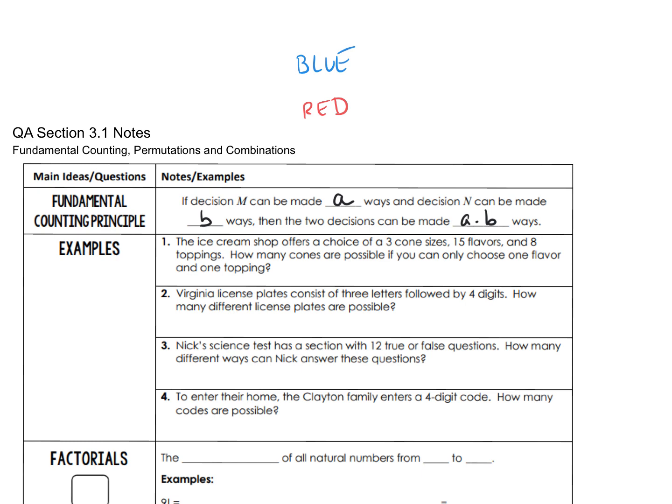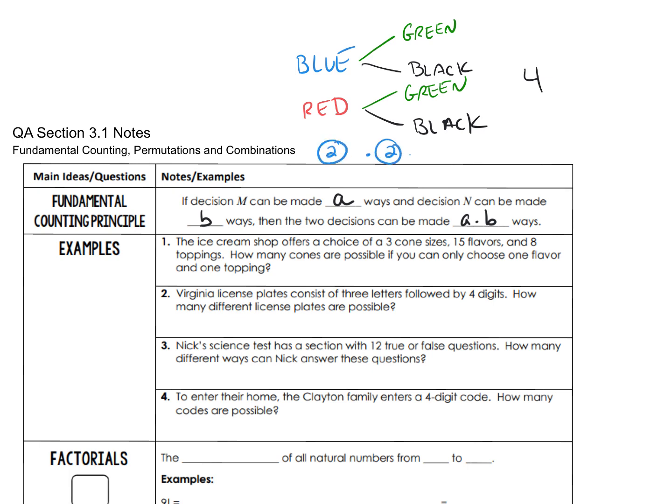To figure the number of outfits, I could wear a blue shirt with green pants, or a red shirt with green pants, or a blue shirt with black pants, or a red shirt with black pants. So these are my four ways. If I use the fundamental counting principle, the shirt can be chosen two ways, the pants can be chosen two ways, and 2 times 2 is 4.